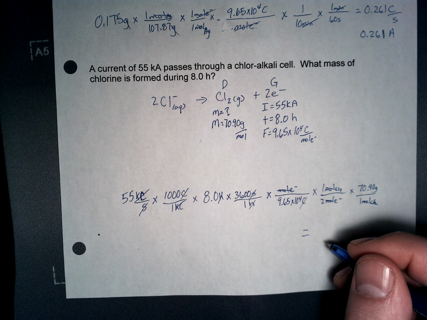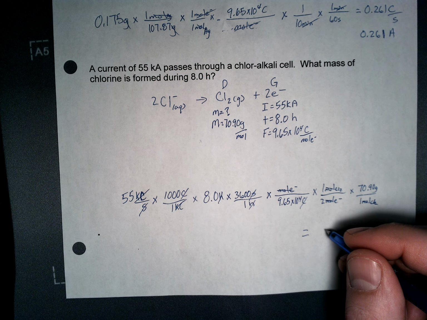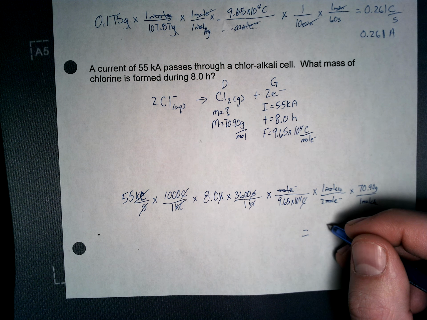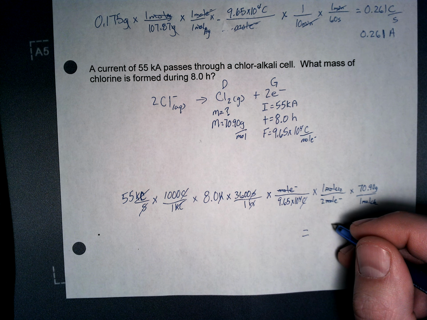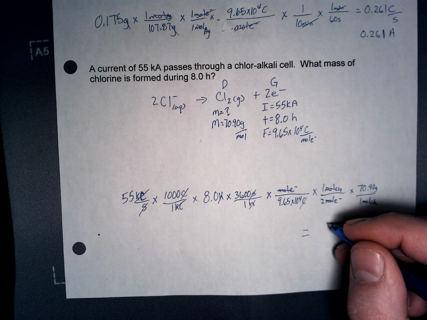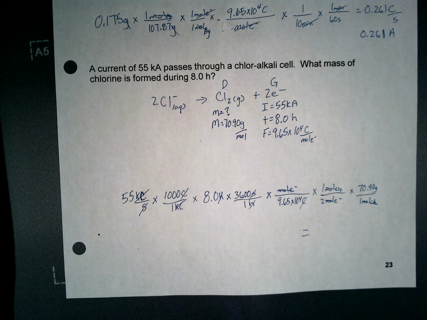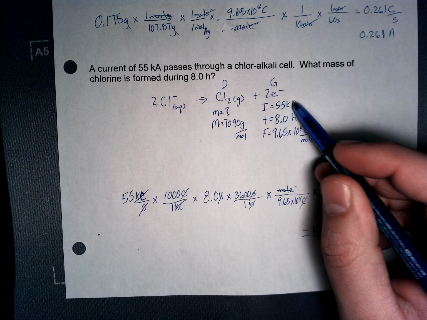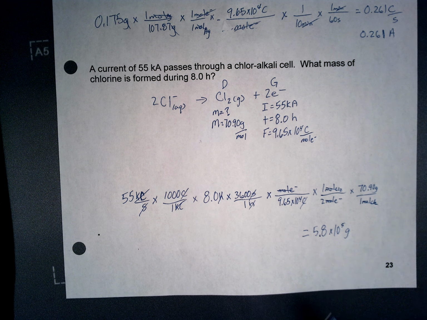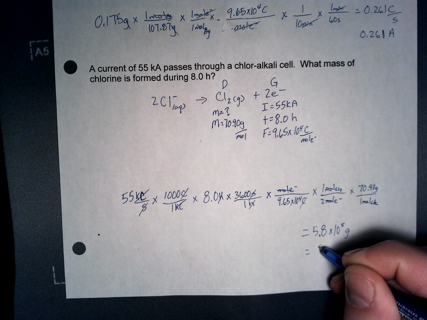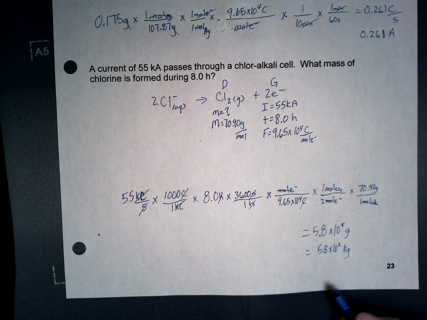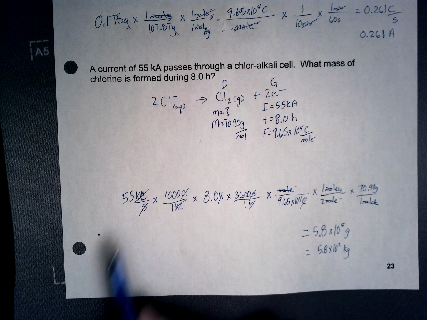Once I calculate it all out, I get 5.8 times 10 to the 5 grams. For this one too, I could have left the kilo there. If I didn't convert it, I'd just get a smaller number: 5.8 times 10 to the 2 kilograms. If I didn't want to convert that, that would have been just fine.